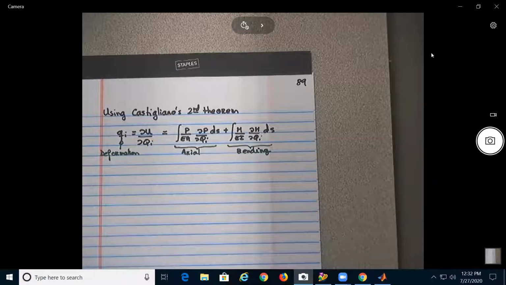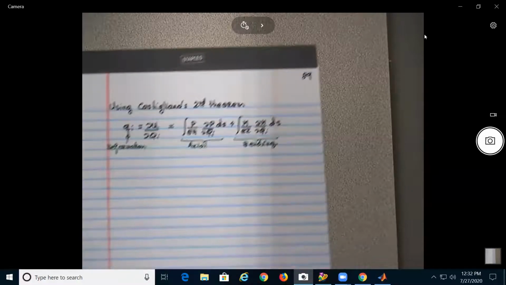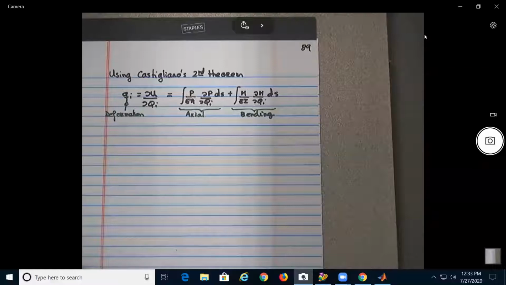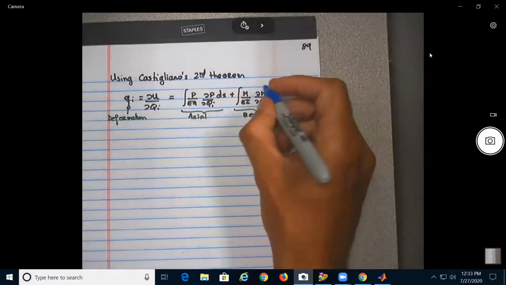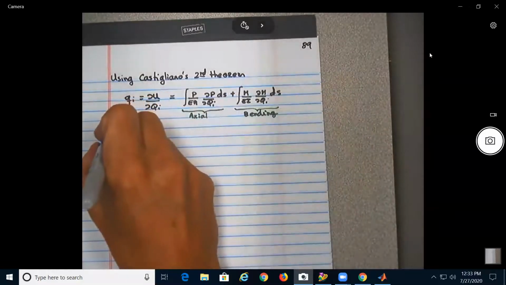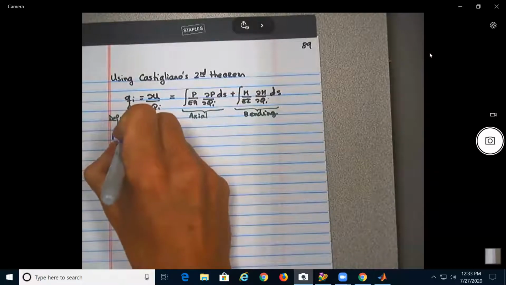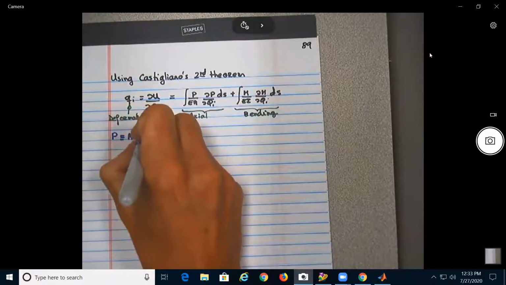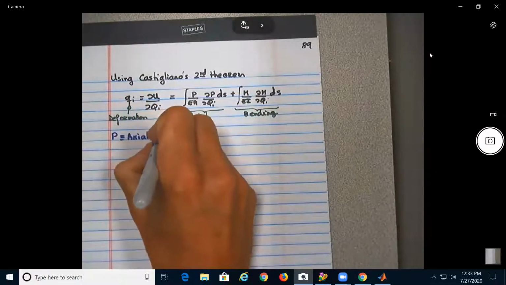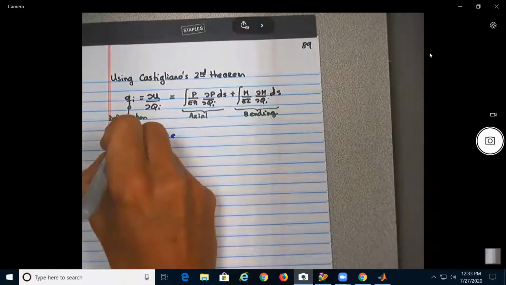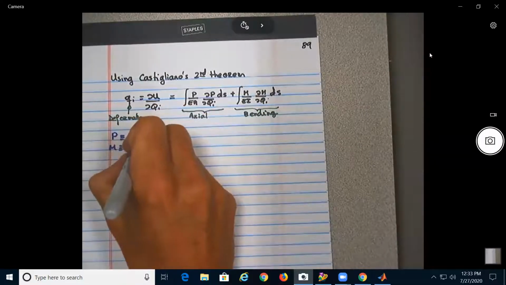So, hold on 1 second. All right. Way over here, the P will be the axial force on each. So P here is the axial force on each one of the beams. And M is the bending moment.